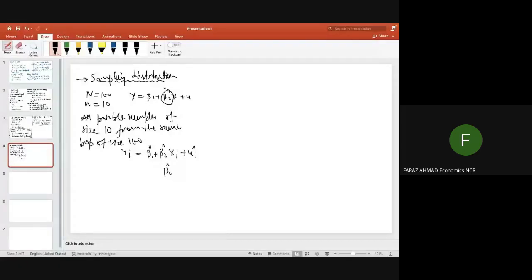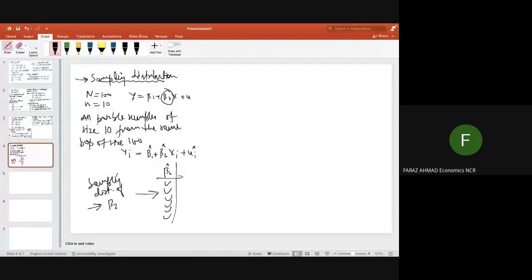So for each of the samples, you record your beta 2 hat here, and this is known as the sampling distribution of beta 2, right? It's a sampling distribution of beta 2, which is a population parameter, because you are sampling from the population and you have got all possible samples.